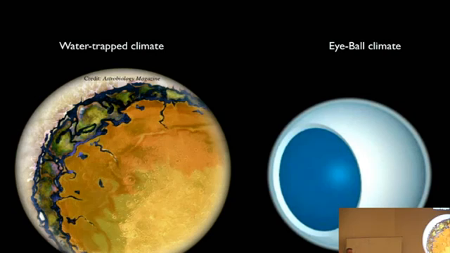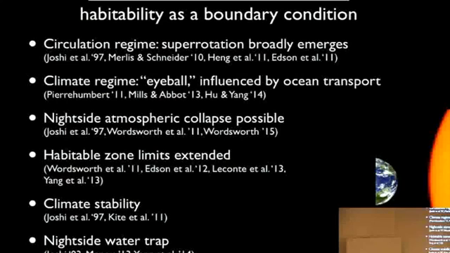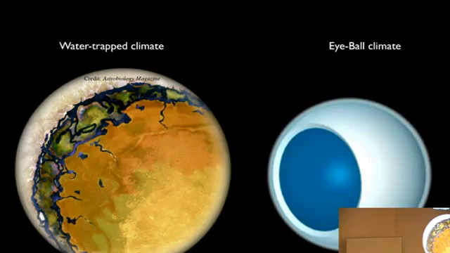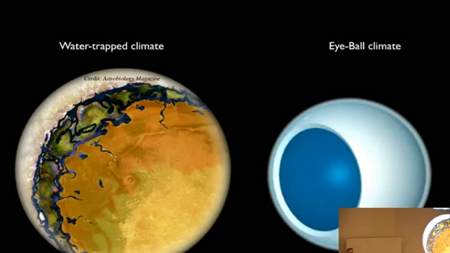And then what Joshi realized, mentioned in his paper in 2003, the second paper, he mentioned a rate of snowfall on the night side. And they are not that huge, but over millions of years, the consequence would be that kilometers of ocean would evaporate and pile up on the night side.